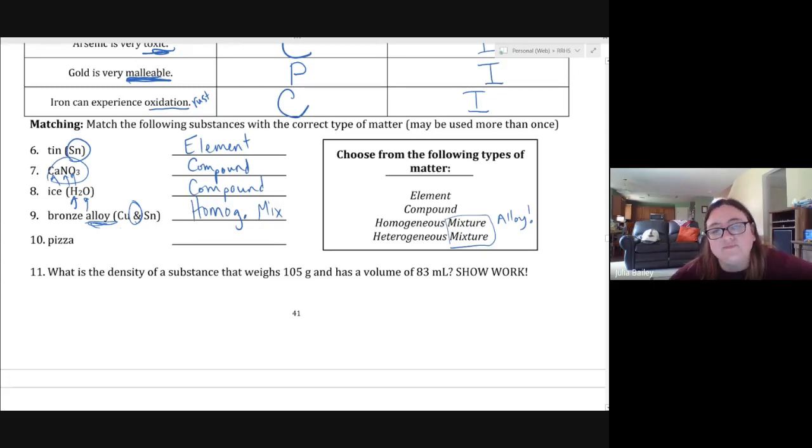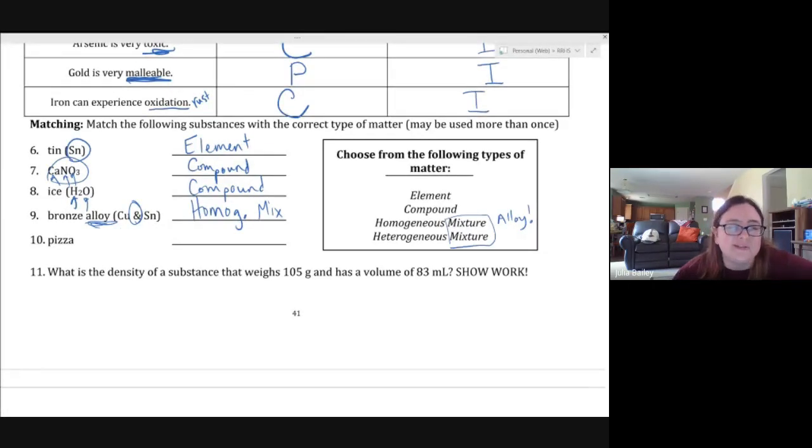And then pizza. Hopefully off the top of your head, you're able to say, oh, pizza's not an element. Pizza's not a compound. It's got to be one of these mixtures. And again, think about what these prefixes mean. Homogeneous means that if you look at it, it all looks the same. Heterogeneous means that if you look at it, there are different parts you can see. With pizza, does every piece look the exact same as every other piece?